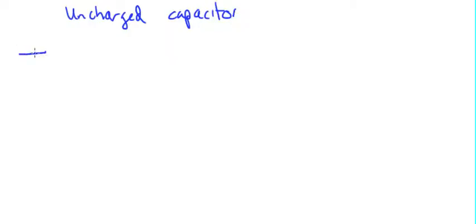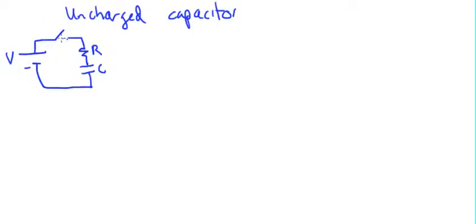So now let's do an RC example now that we know this. An uncharged capacitor. So the circuit looks like this. Resistor R, capacitor C, and then the negative terminal, so this is a voltage V. This right here is just a switch.